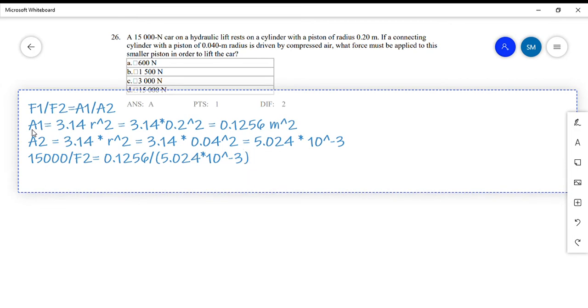So F2 is equal to 600 Newton. So the answer is A.